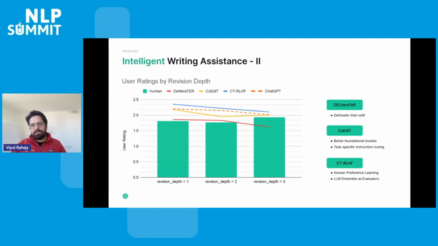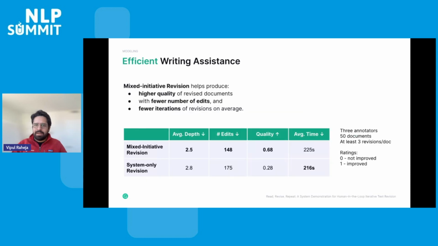However, ChatGPT scored quite close to CTRLHF, which was better than the automatic evaluations. This indicates the limitations of automatic metrics and that there's a huge need for better document-level evaluations of text editing.